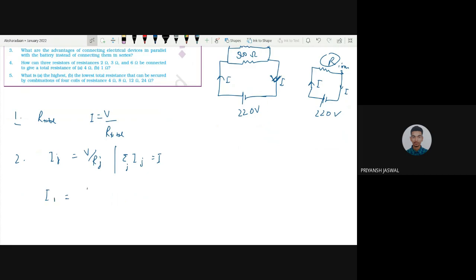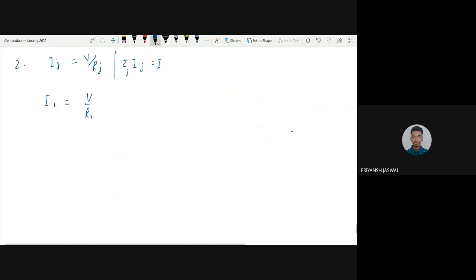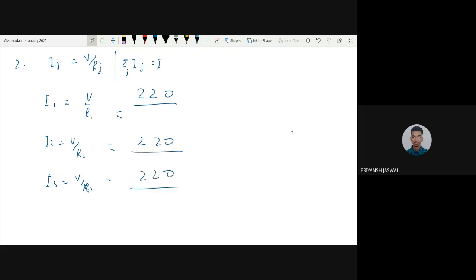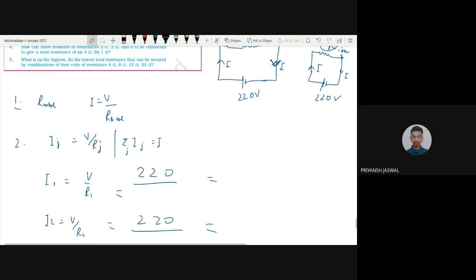I1 will be V by R1. I2 will be V by R2. I3 will be V by R3. 220 by the resistances. R1 is the first one, let's say.